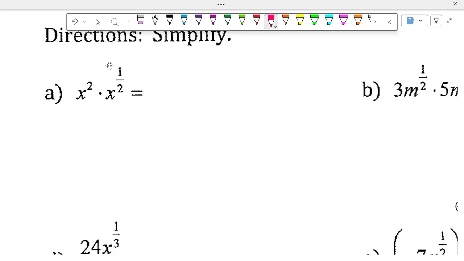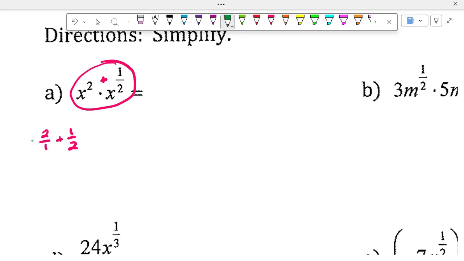So technically, for this one, what am I going to be doing with those two exponents? You add them. So if I have 2 over 1 plus 1/2. Remember, whenever we add exponents, we always got to have a what? Common denominator. So how can I change this 1 to be a 2?